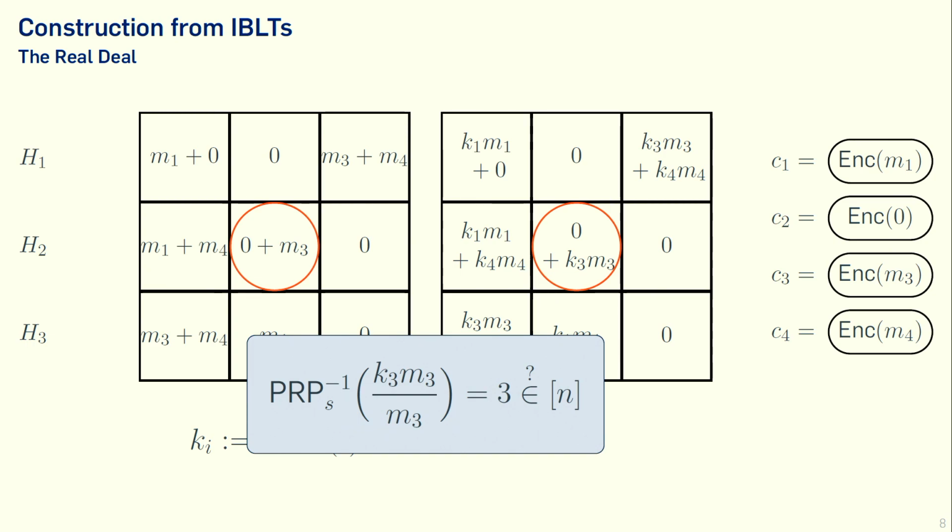And we can then apply the inversion, we can basically apply the PRP to get back the index 3, and then we can check if this index falls in between 1 and n. And if there are more than one element in this cell, then with overwhelming probability, it will fall outside of this range.